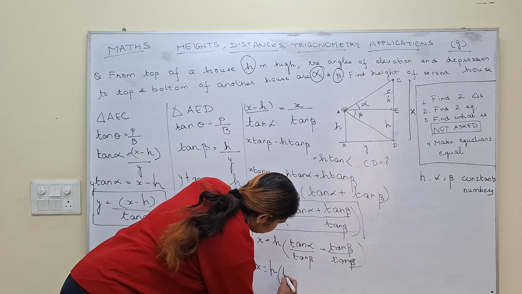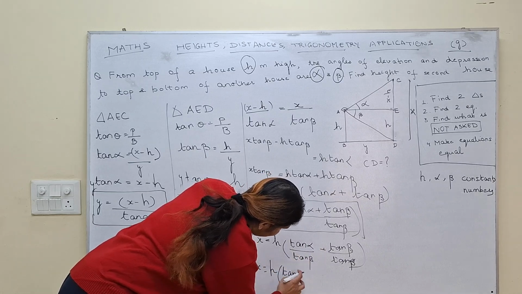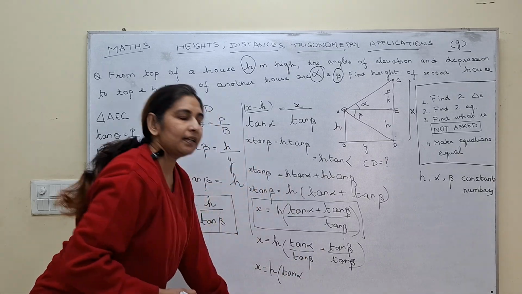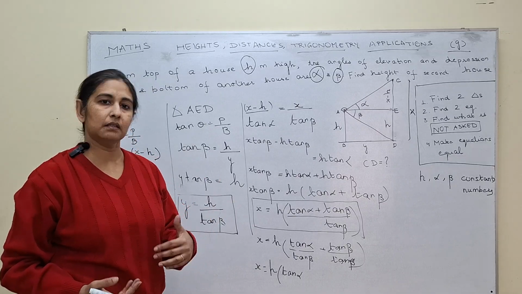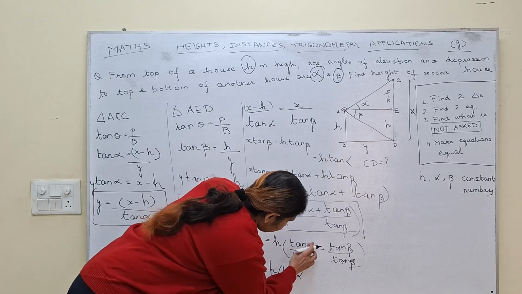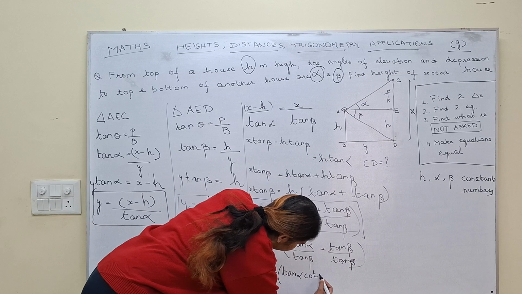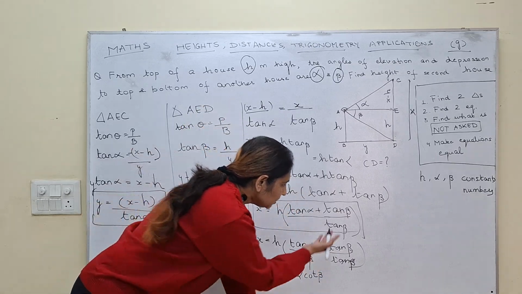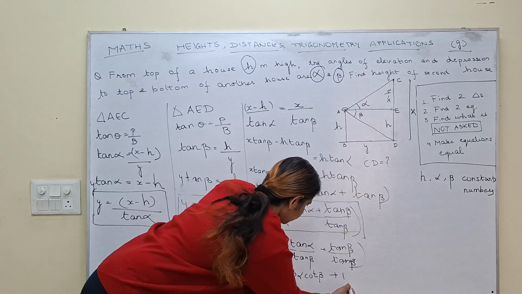Tan alpha, they keep as tan alpha. Now this is 1 upon tan beta. Can I write it as cot beta? 1 upon tan is cot. So this tan alpha remains as it is, this part becomes cot beta, and this gets cut, so this is plus 1.